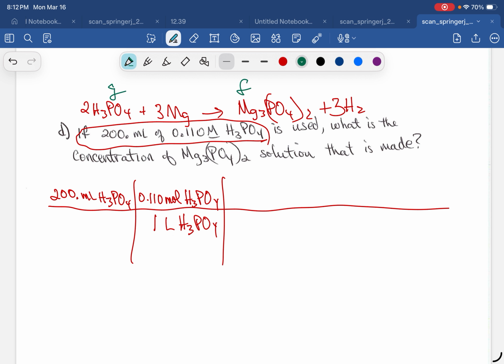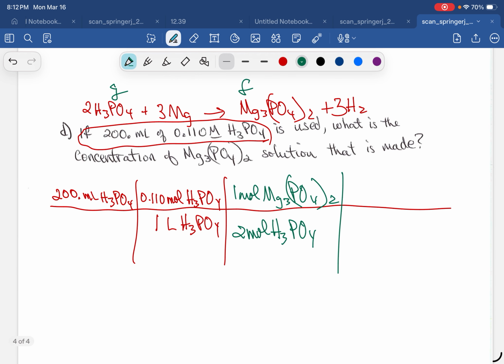So 1 mole Mg3(PO4)2 over 2 moles H3PO4. And then, do we need anything else at this point?